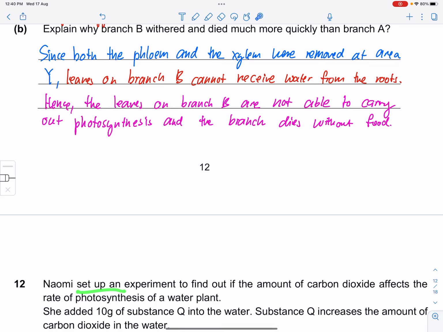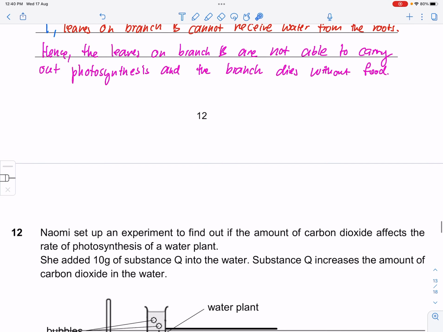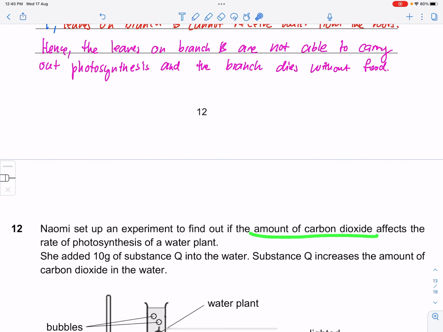Naomi set up an experiment to find out if the amount of carbon dioxide affects the rate of photosynthesis of a plant. So right off the top, I already know. I see the word carbon dioxide, I see the word photosynthesis. The topic of this question must be on photosynthesis probably. And remember, when it comes to photosynthesis questions, I cannot stress this anymore.